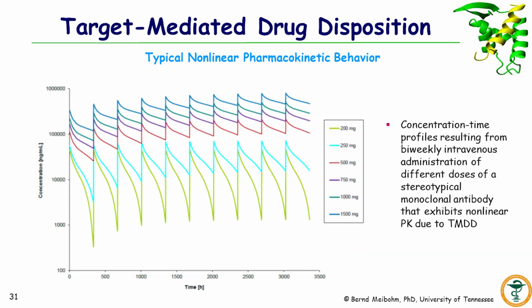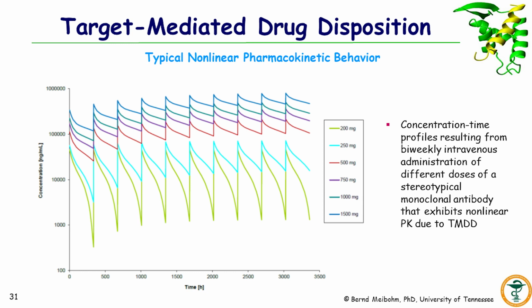That is shown in a graphic here for a typical nonlinear pharmacokinetic behavior for a monoclonal antibody that is given every 2 weeks. So you see the concentration time profiles that result from administration of either 200, 250, 500, 750, 1000, and 1500 milligram every 2 weeks. When you get to concentration levels that are much higher than the Km value or much higher than the saturation level for the target-mediated elimination process, you have nearly linear pharmacokinetic behavior.